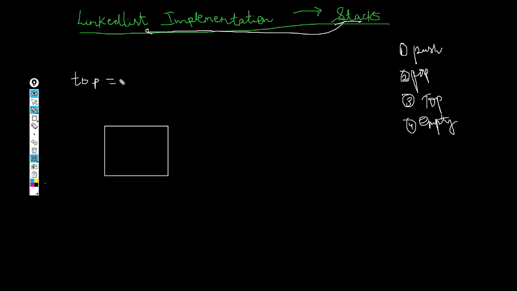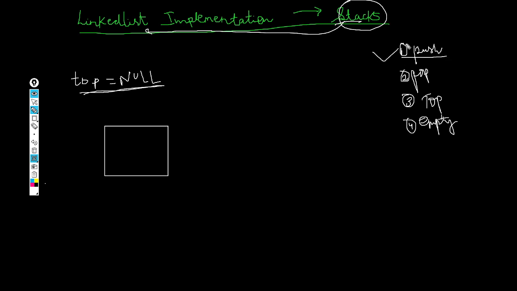Since it is a pointer, it can be null. Initially it will be null, indicating that the stack is empty. So if the top pointer is null, it means that the stack is empty. And now let's come across each and every operation one by one.